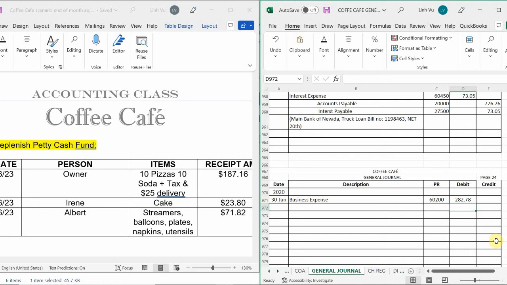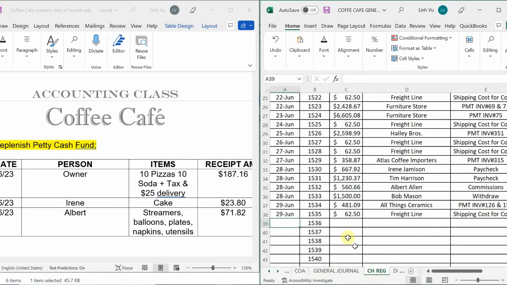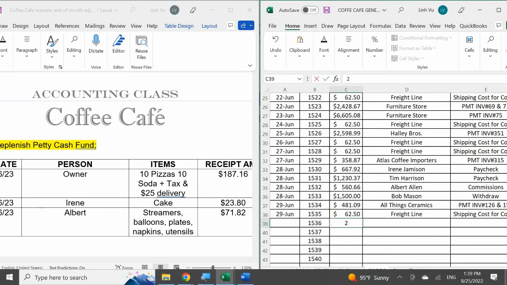So I got a grand total of $282.78. So now we have to cut the check for that amount to make the petty cash $500 again. So 282.78.